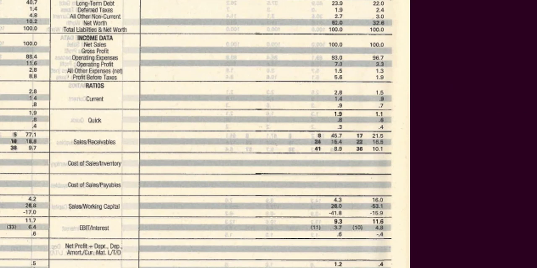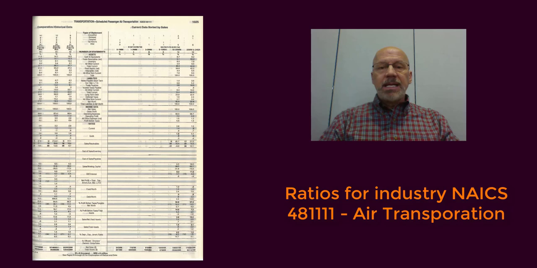My recommendation for using this source is that you scan and copy the pages that you need and go over these numbers with your professor who's helping you with your case study or your project, and see how these can be used. So I hope RMA will be a valuable source for you.